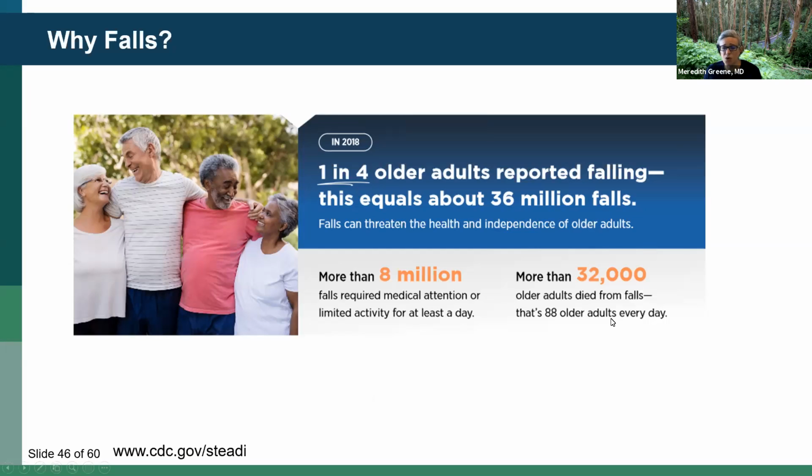And more than 30,000 people died from a fall. And here they say that it works out to be about 88 older adults a day dying as a complication of a fall. In people with HIV, we know there's an increased risk of fracture, increased risk of osteopenia and osteoporosis. So I think it is absolutely critical that we start addressing fall risk for our older patients.